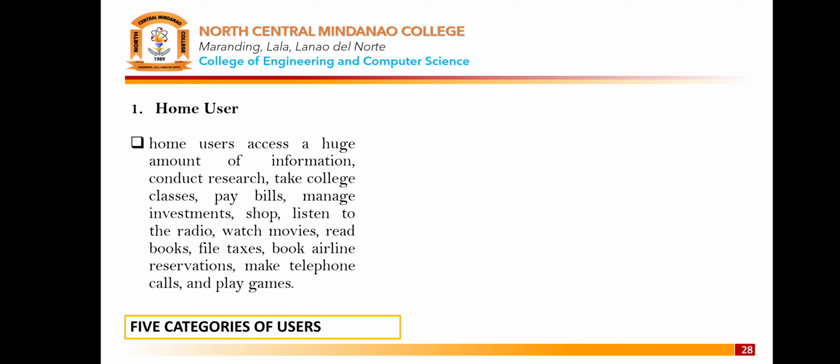Typically, at home nowadays, they have one or more desktop computers, and if not desktop, then a mobile device. These small networks allow family members to share an internet connection and a printer.